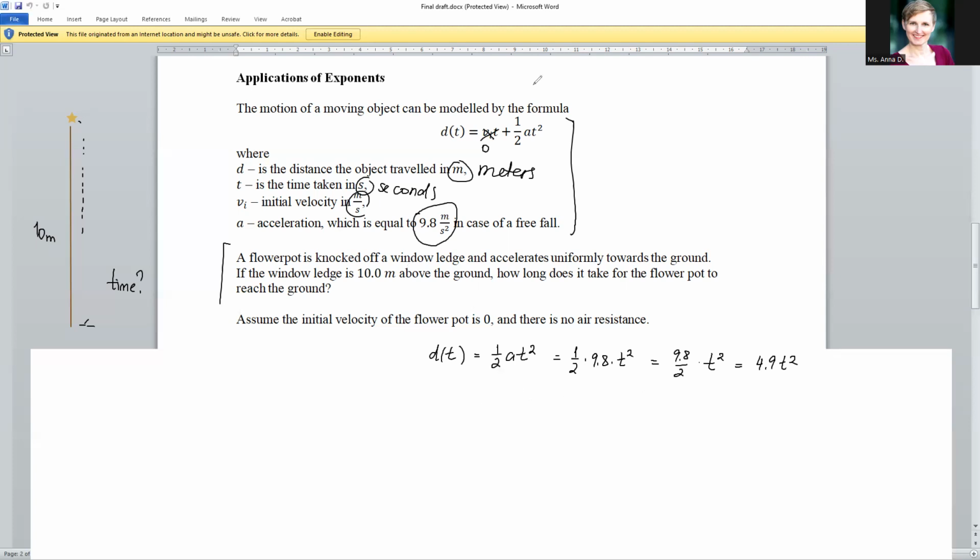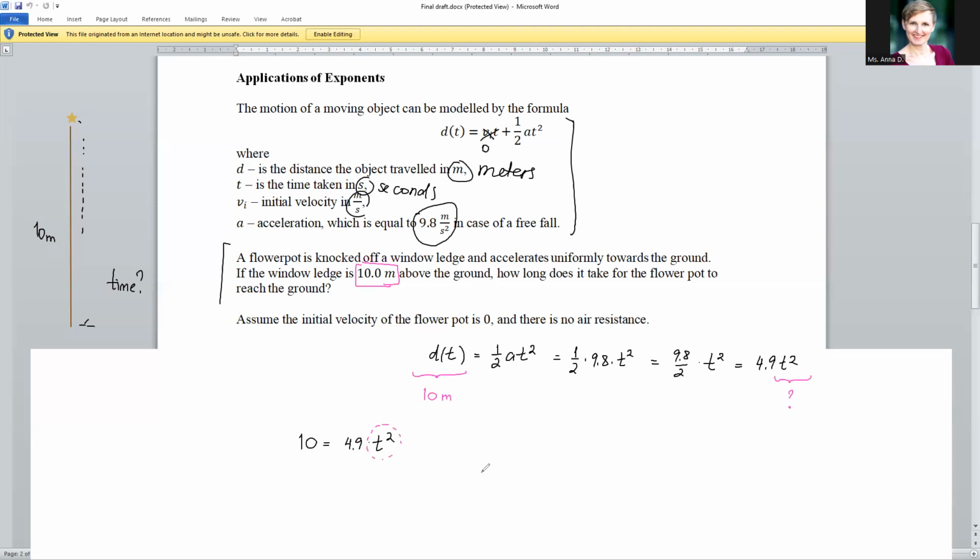And now we can start reading the question again. The flower pot is knocked over 10 meters above the ground, which is this distance. And how long does it take? That's the only unknown, the question mark. So we set d equal to 10, equals 4.9 T squared. The only unknown is t.